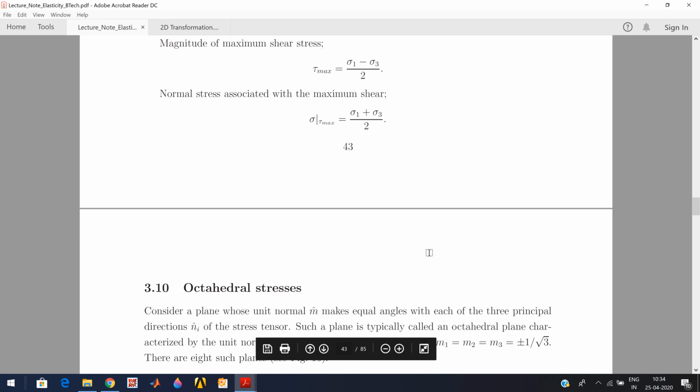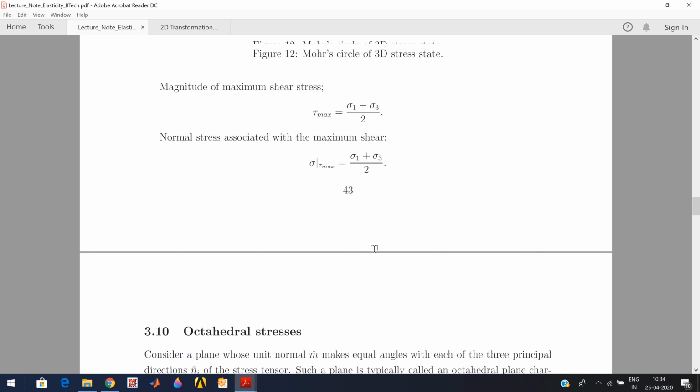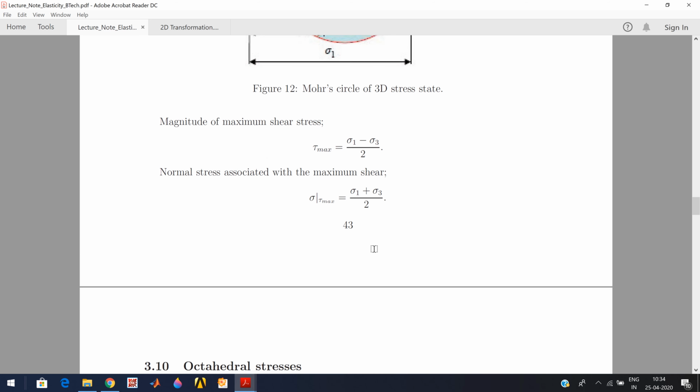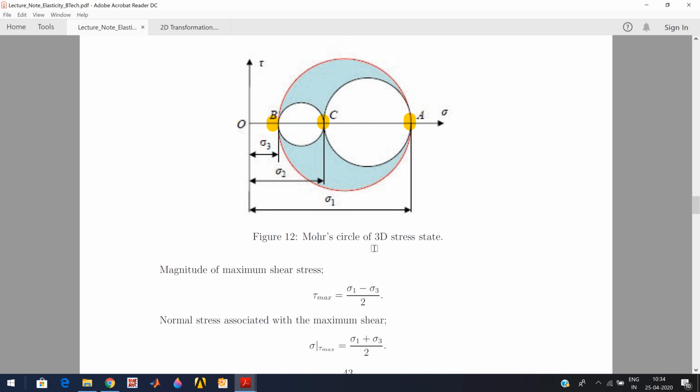Okay. So now, before going to the octahedral stresses, let me show you something again related to this Mohr circle.